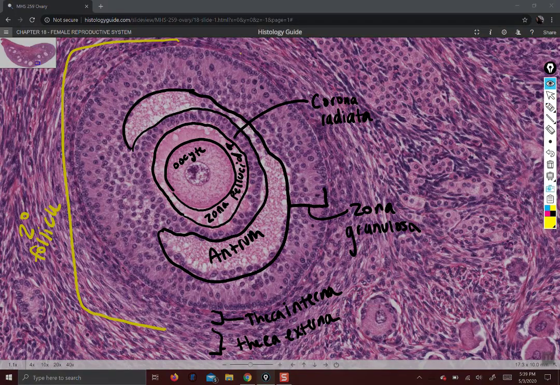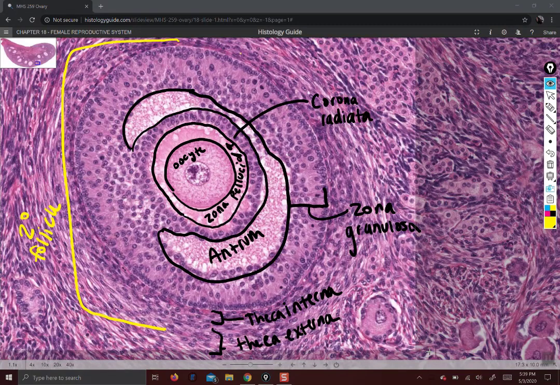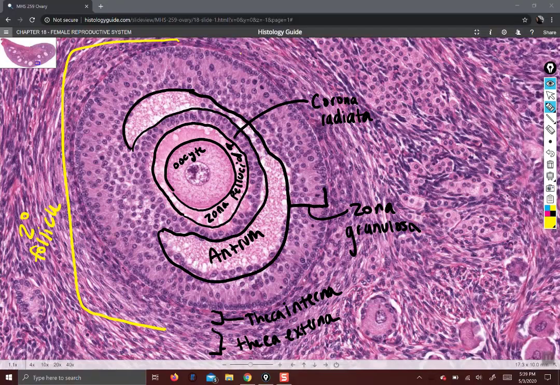So let's take a little snapshot of that before we move on to tertiary. And I can see a unilaminar primary follicle in the field of view, but I'm not going to point at it because I want you to find it yourselves. But it's there. I see it very clearly.